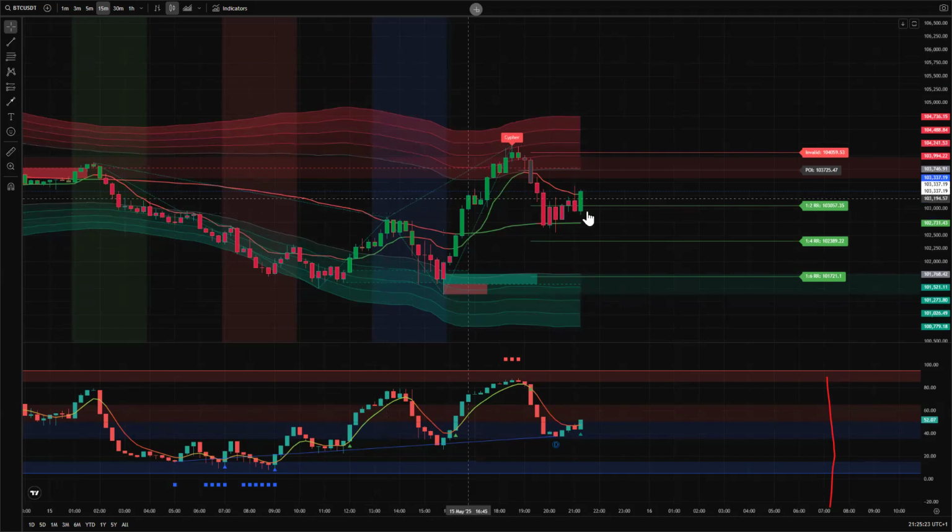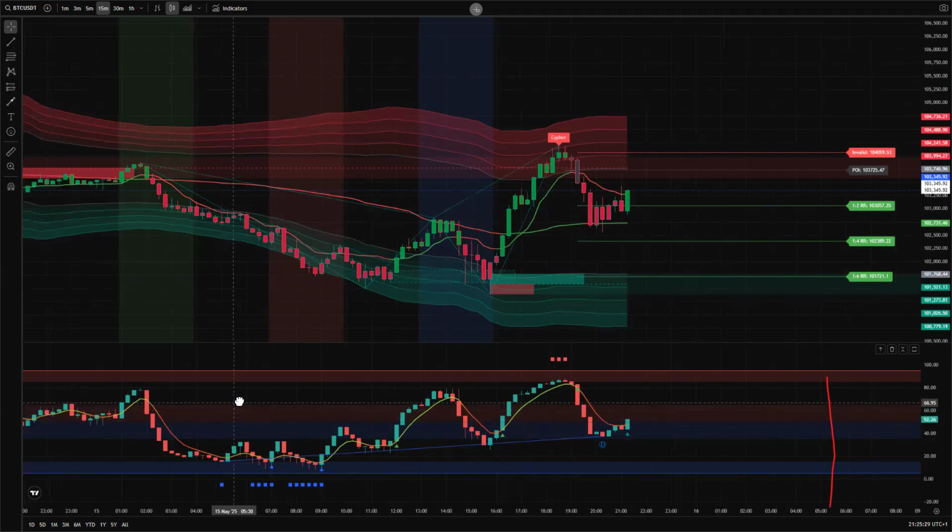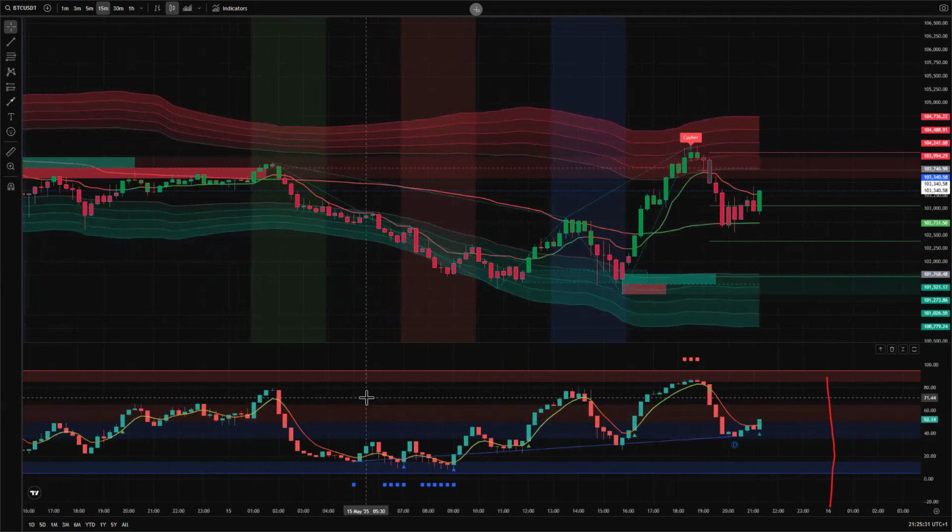So this is as simple as it gets. Below here is also a second confirmation. We see this chart a lot on other scanners. This part here is just there to confirm your trade.